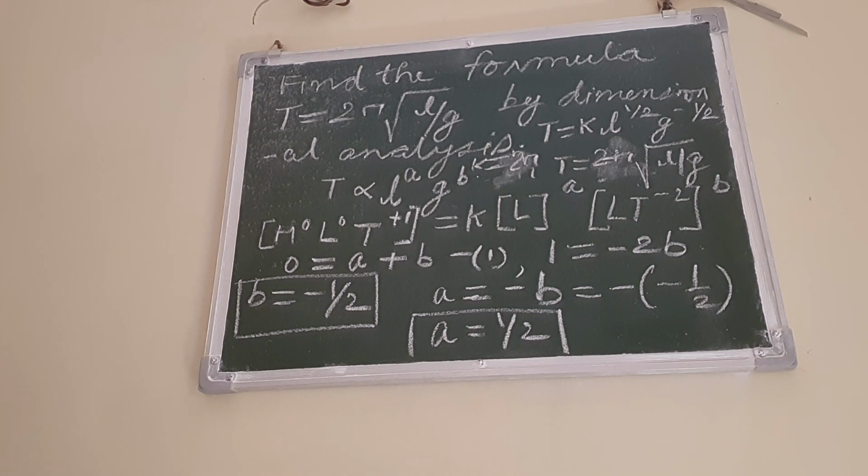So we are going to understand this question once more. We have to derive the formula T is equal to 2 pi root L by G with the help of dimensional analysis.